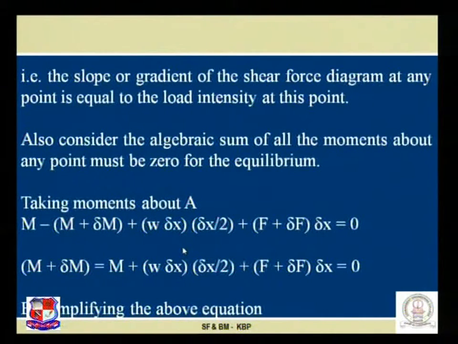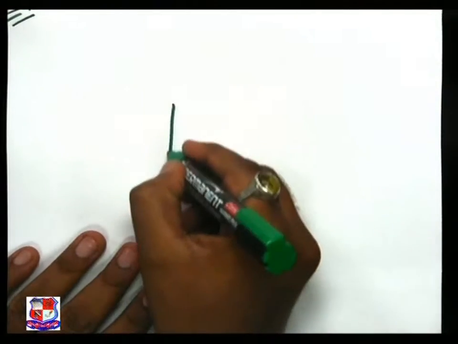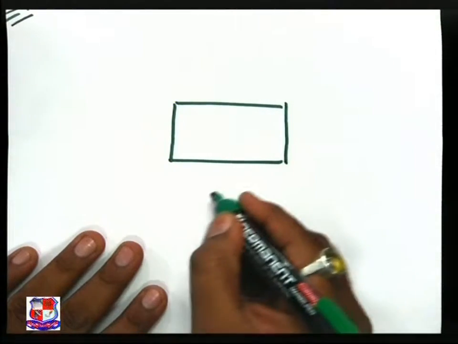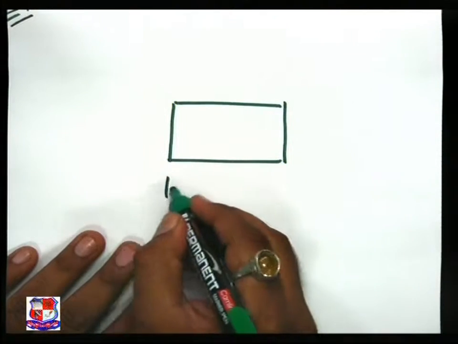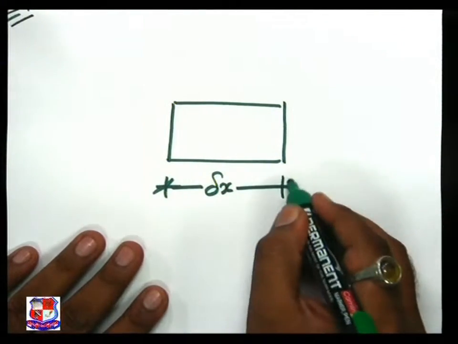Now let us understand this sign convention, how plus and minus will come, using this tabletop. Please see the figure on the tabletop. This is a small part of our beam. Length is delta x.